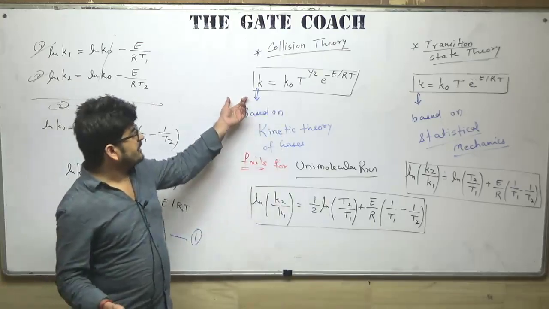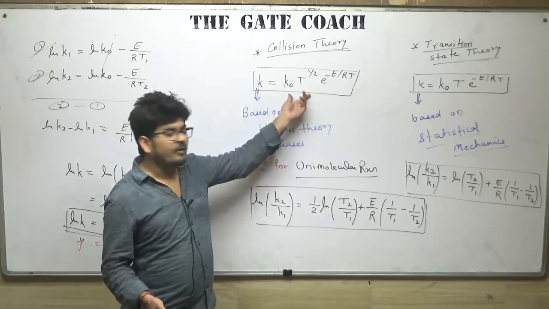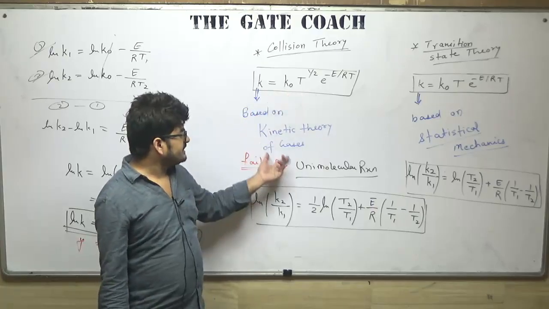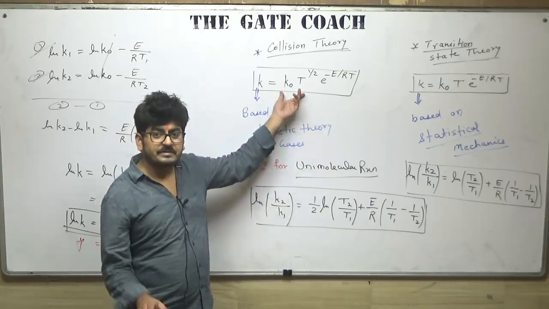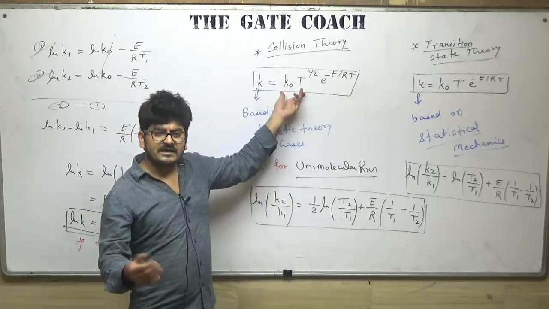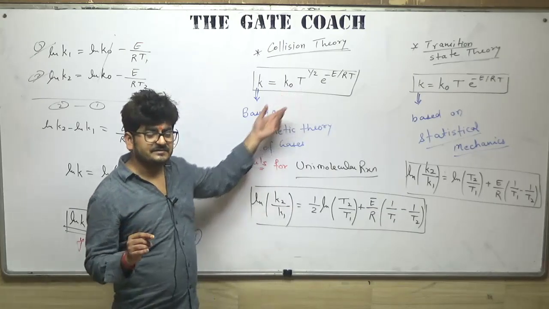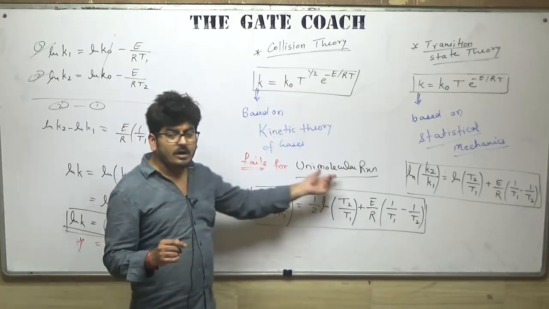They modified the Arrhenius theory to this form. And as you can see, this is based on the kinetic theory of gases. So collision theory will be applicable only for the gaseous reactions, and even only for those gaseous reactions which are bimolecular or trimolecular.